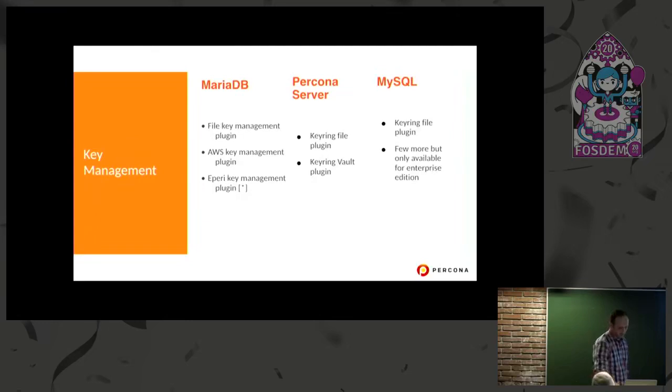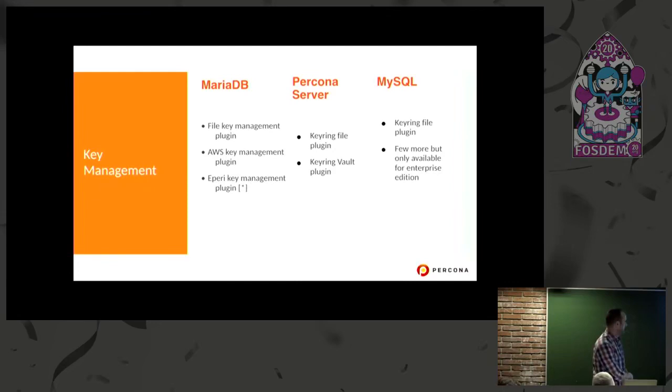So key management. In order to enable the encryption, we need to configure the server to use one of the key management plugins. These plugins are responsible for both the management of the encryption keys and the actual encryption and decryption of the data.